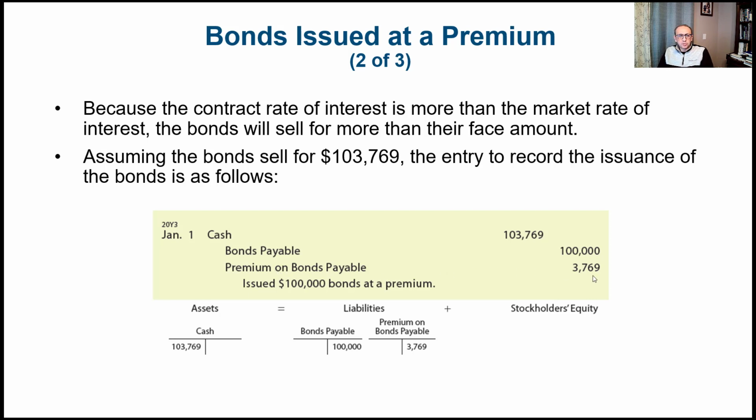So remember, I told you discounts are normally on the debit side, premiums would be on the credit side whenever we are issuing them. Then we're going to amortize the premium. Since it's on the credit side, we're going to amortize it on the debit side.